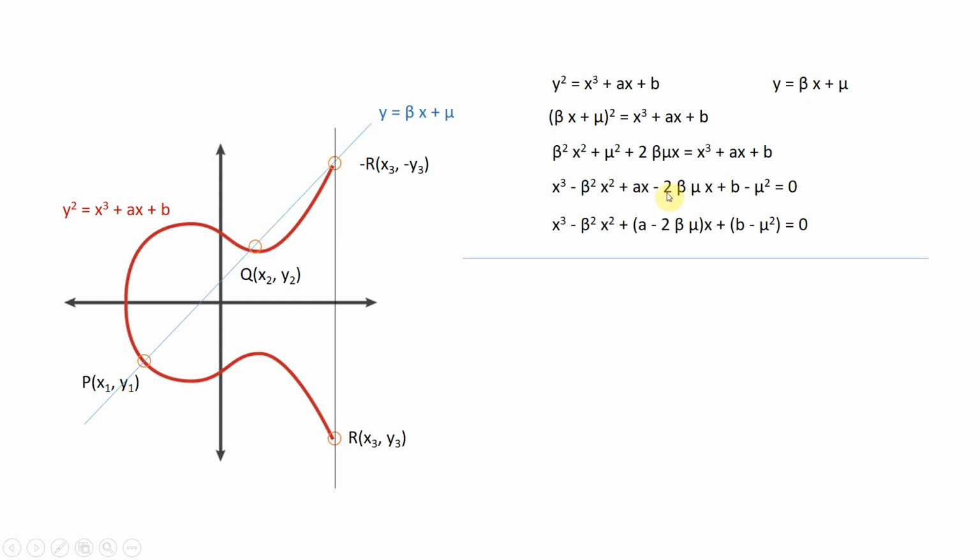Both ax and minus 2 beta mu x terms have an x multiplier. That's why I'm putting x as a common multiplier, and b minus mu squared are constants. They don't have an x multiplier.